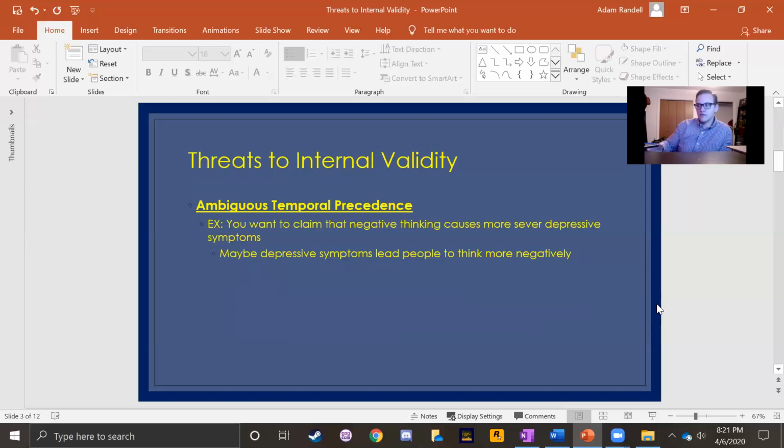Well, the temporal arrangement of those two variables isn't straightforward, and it's certainly not concrete, because it is entirely possible that as depressive symptoms become more severe, negative thinking becomes more prominent. So which is causing which isn't terribly clear. Now in an experiment, if you can manipulate one and see a change in your DV, you've resolved that. All right, you've taken care of ambiguous temporal precedence.